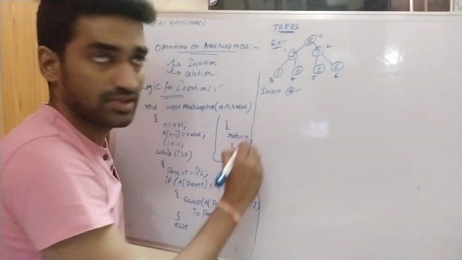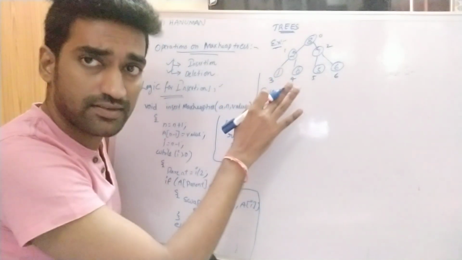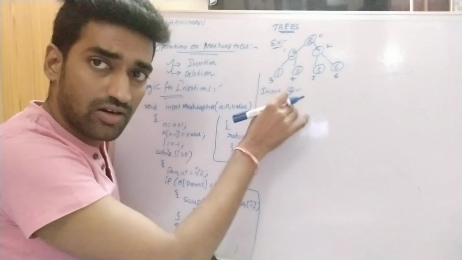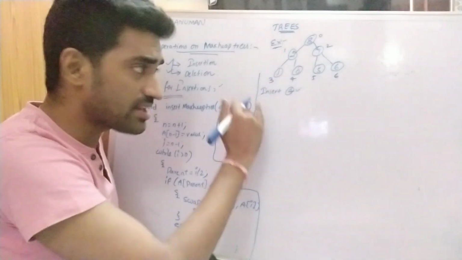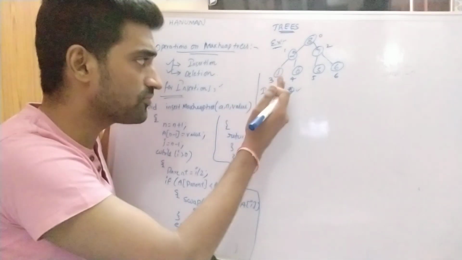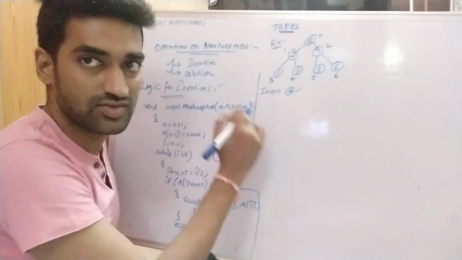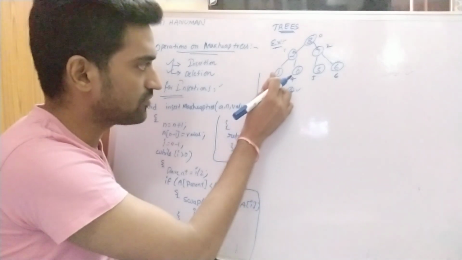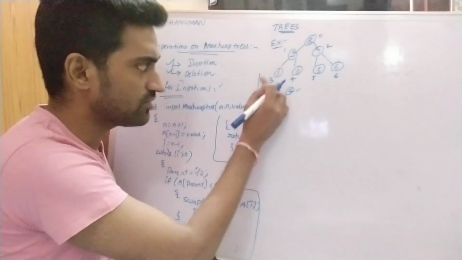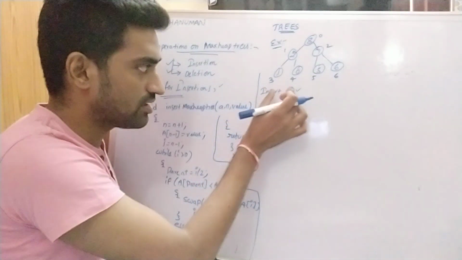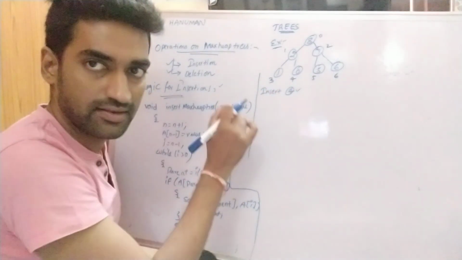A max tree is a complete binary tree, and in a complete binary tree we fill all the elements as far left as possible. Once we fill the left child, then we fill the right child. That is the basic thing for complete binary trees.